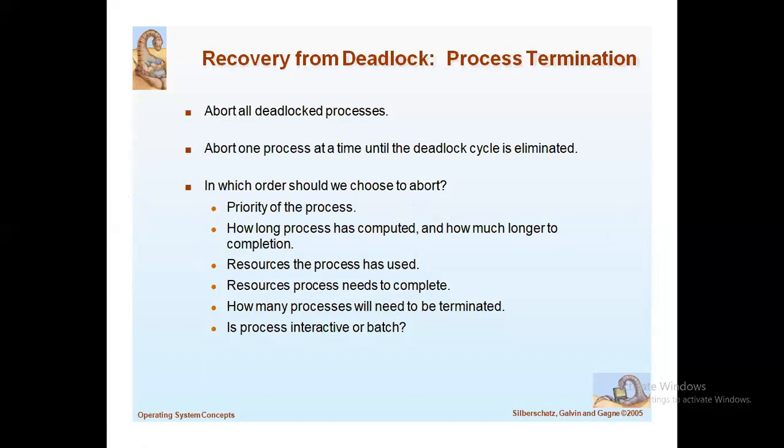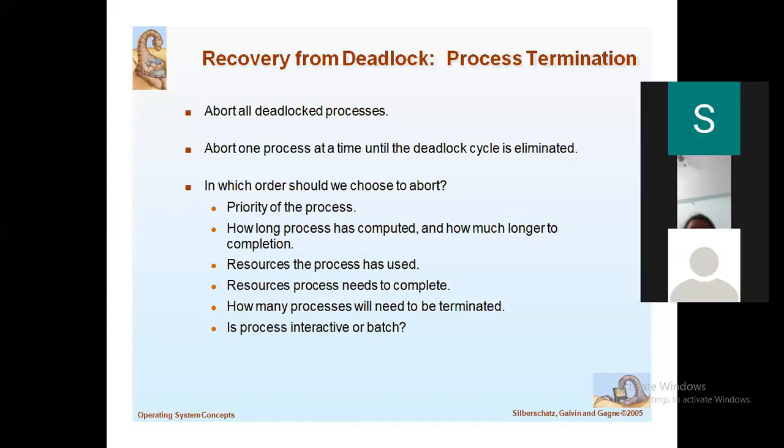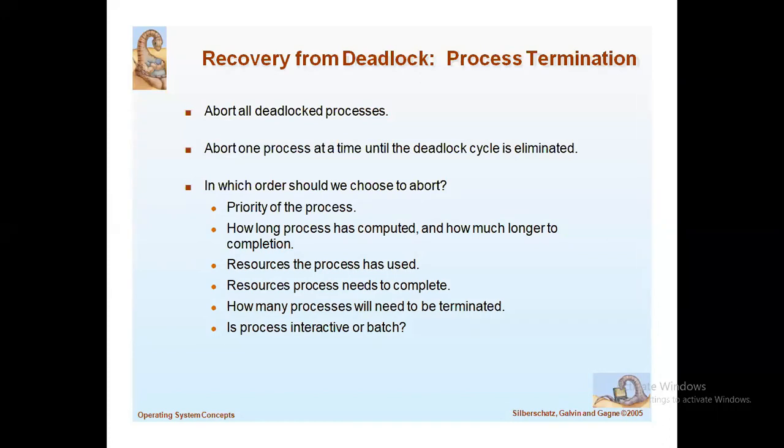Here there are two points. One is how to break the deadlock. Once the deadlock has occurred, we have to break it down. That means to terminate one or more processes to break the circular wait.